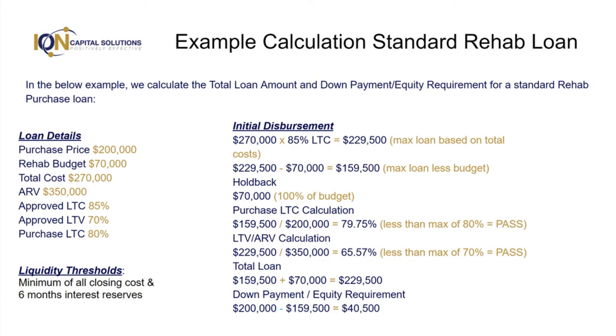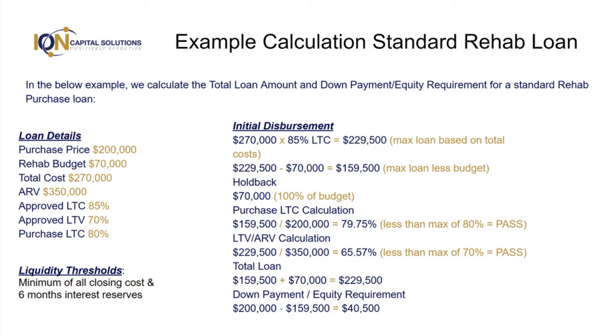Then from that 229, the bank always holds an escrow 100% of the rehab budget. So 229 minus 70, 159. So when we look at 159 divided by the 200 sale price, we see that it falls within the 80% bracket. When we look at the LTV ARV calculation, 229 divided by 350, we see we're at 65%.